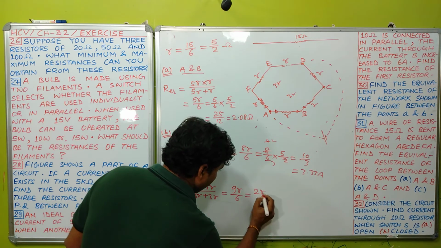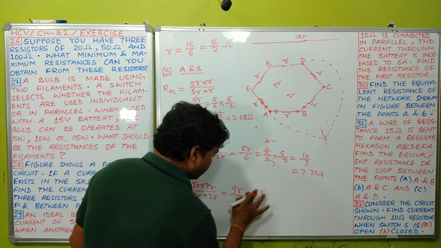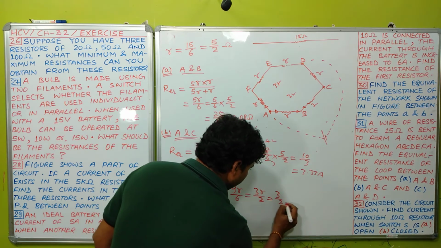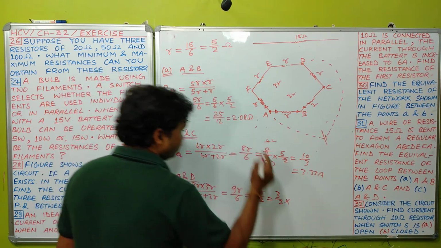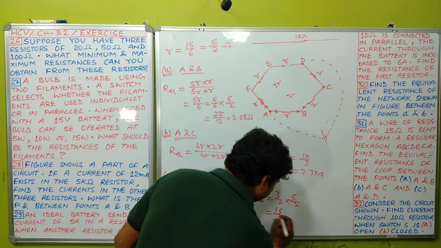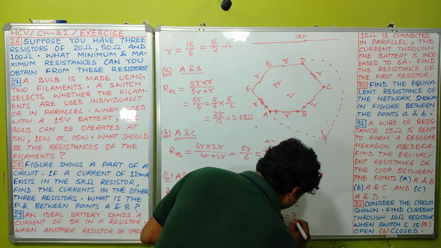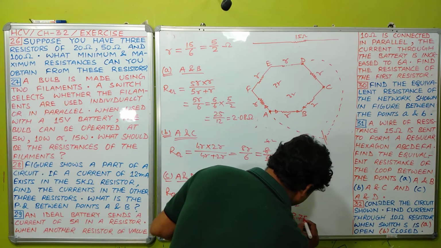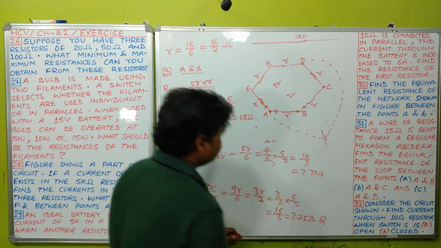This is 3R by 2. This is 3 by 2, and the value of R is 5 by 2. This is 15 by 4. This is 3.75 ohm, your answer.